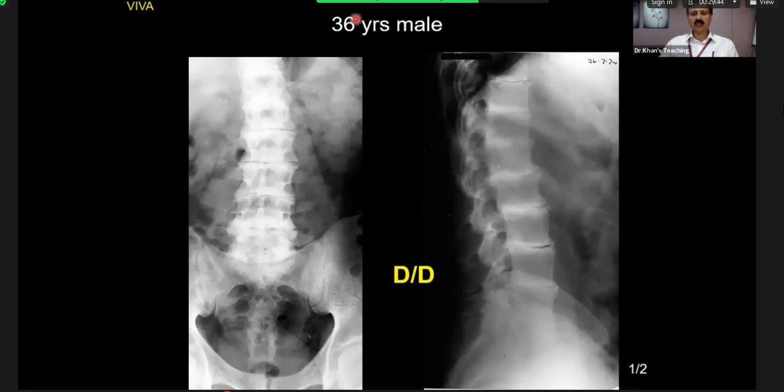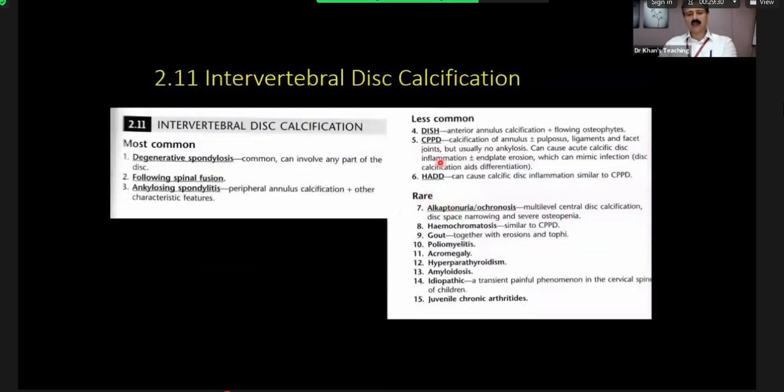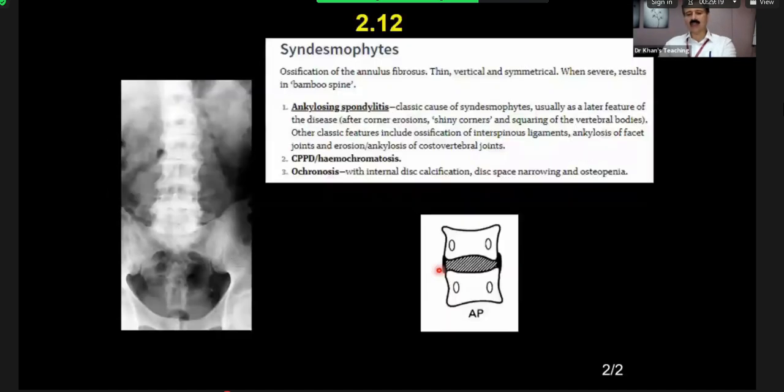Now, this particular case is a 36-year-old with intervertebral disc and a lot of degenerative changes. So I don't have time to go into details of all of these. But having said that, if you start having a debate, what can it be? And believe me, in a 36-year-old, this is what is happening in the exam.